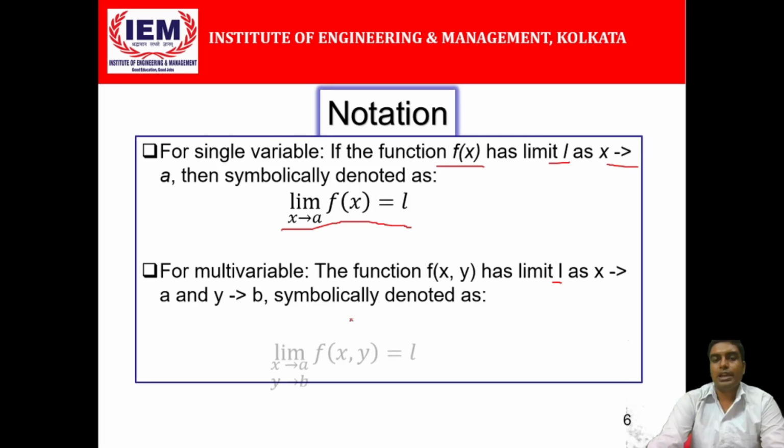How can we write this symbolically? It will be like this: x tends to a, also y tends to b, of f(x, y). As there are two independent variables, we write them one by one, then f(x, y) equal to L.